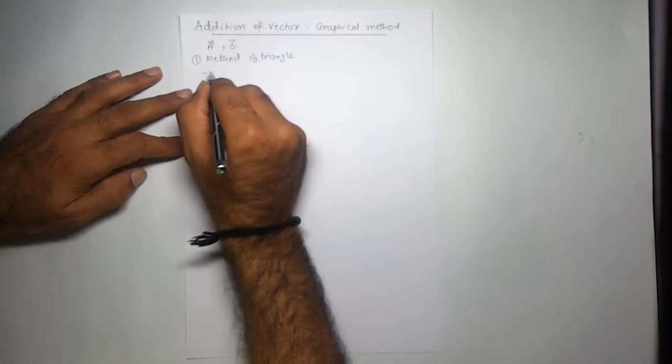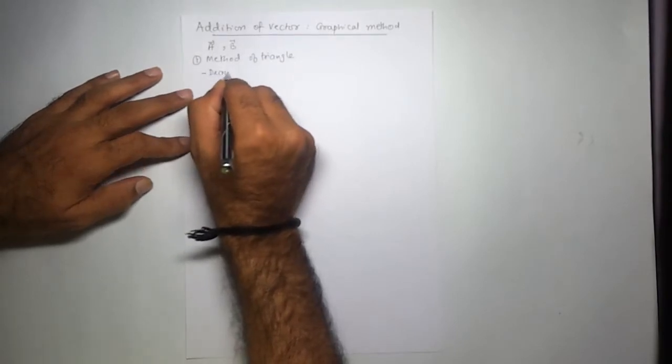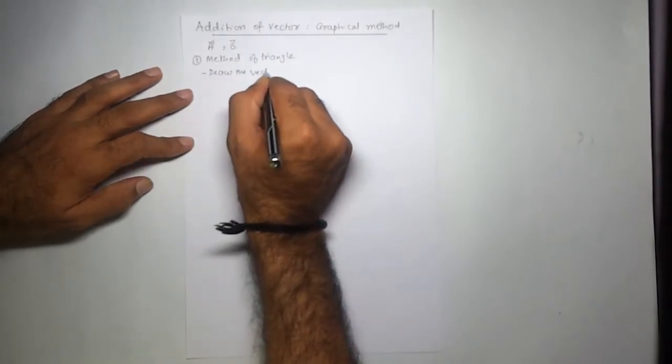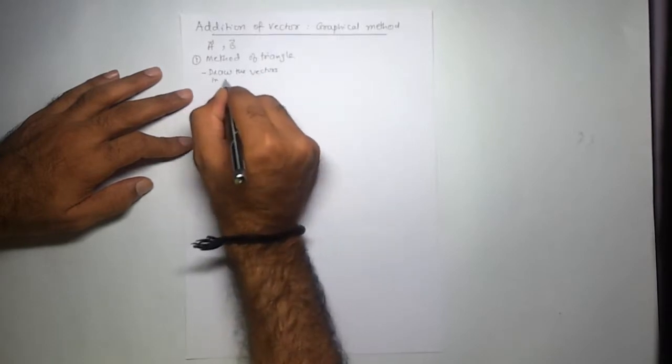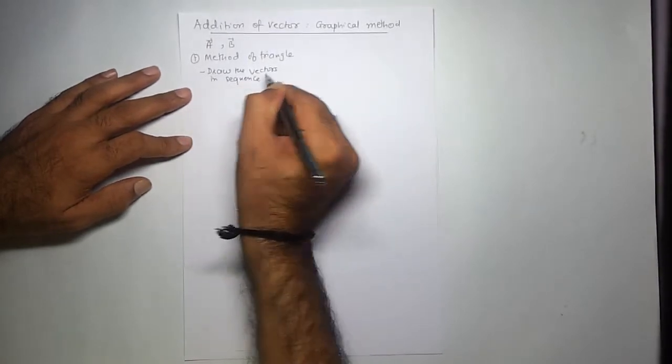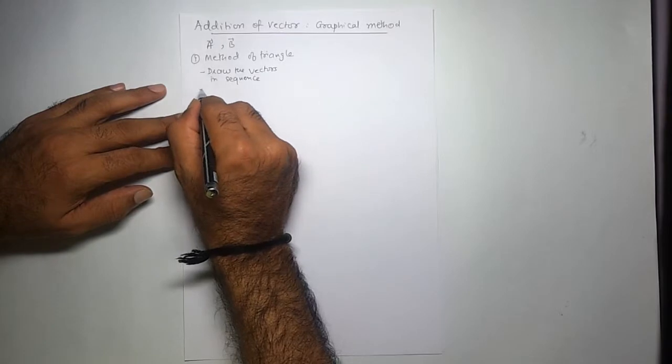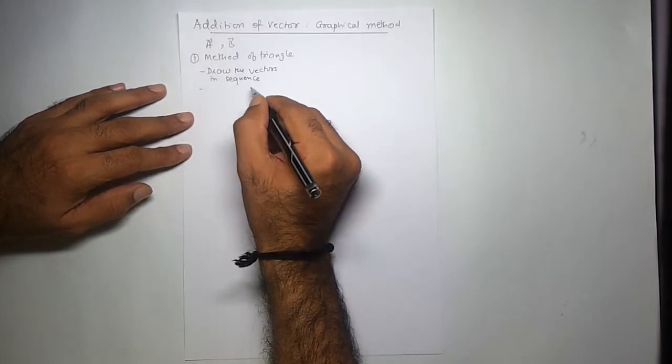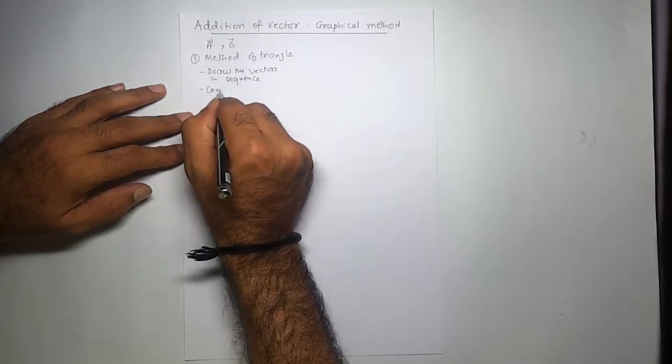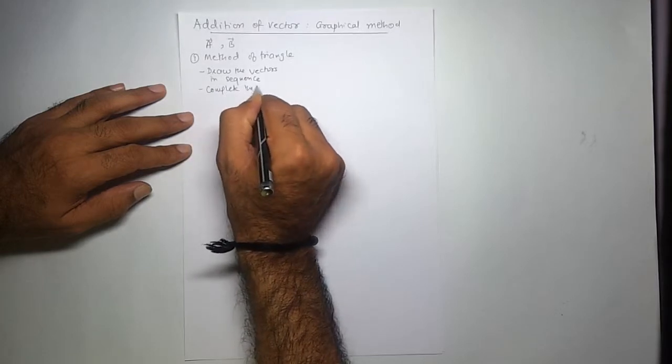The first step is to draw the vectors in sequence. What exactly this means, I'll show in a few minutes. Draw the vectors in sequence and then complete the triangle.